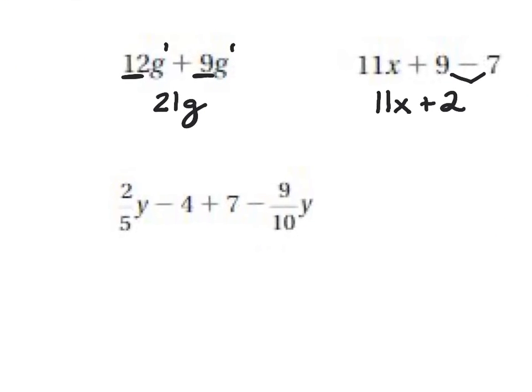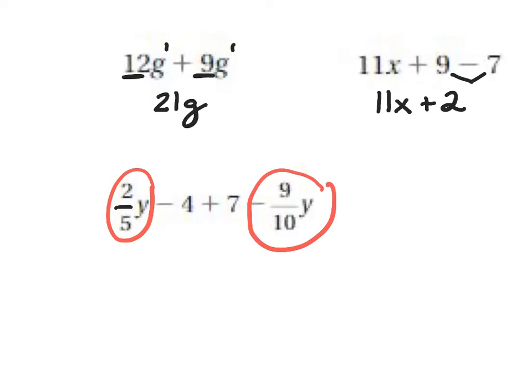Our next examples have some fractions. So this is 2/5 y, and this is negative 9/10 y. So yay, we get to get a common denominator. You can probably see that if I multiply both of these by 2, I can change this to tenths, which is going to be nice. So I'll have 4/10 y.